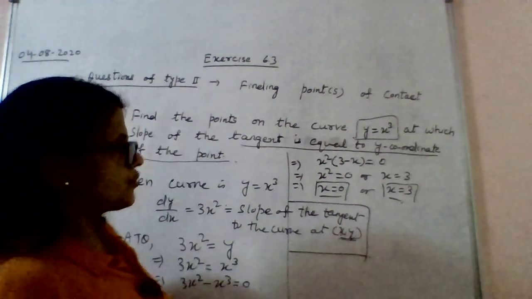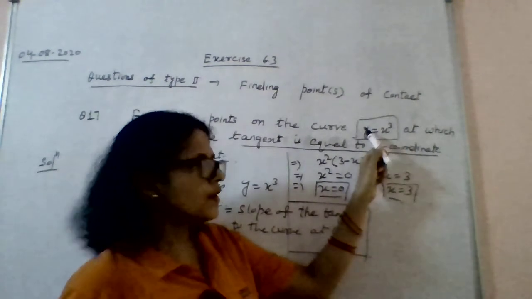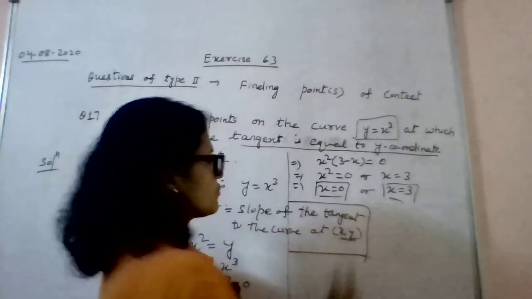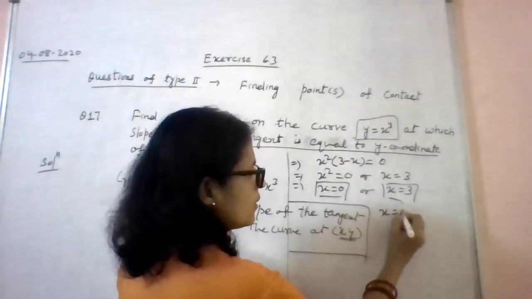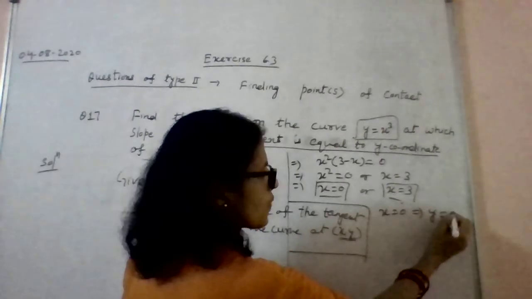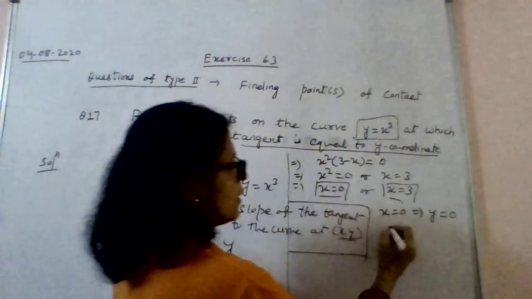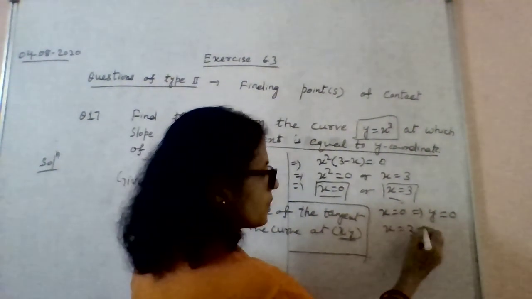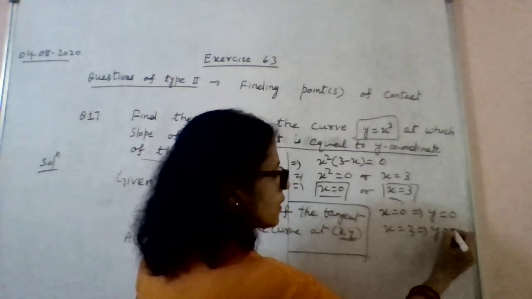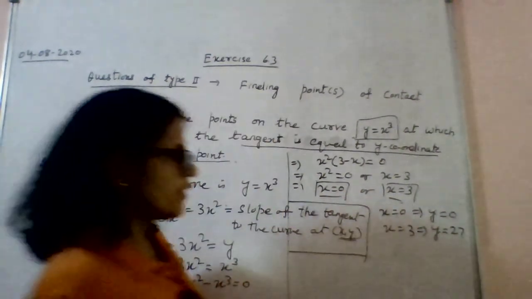So if x equals 0, then y equals 0, because y equal to x cube. And x equal to 3 implies y equal to x cube, which means 27.